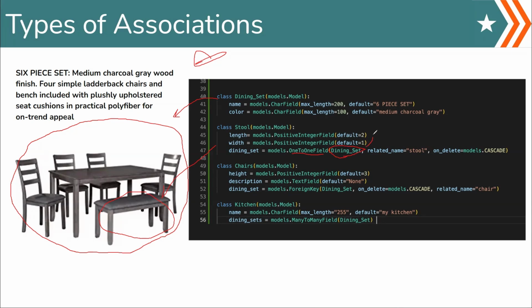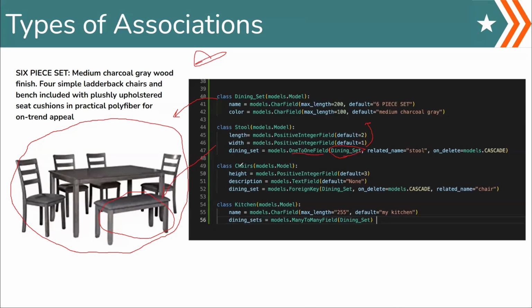So only one stool can belong to one dining set, and that one dining set can only have that one stool. The one stool will not belong to any other instance of a dining set, right?